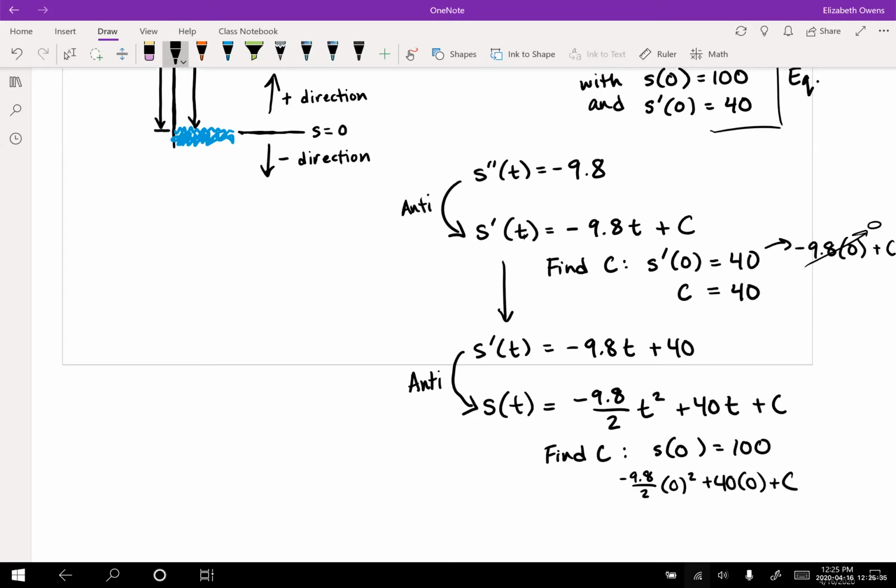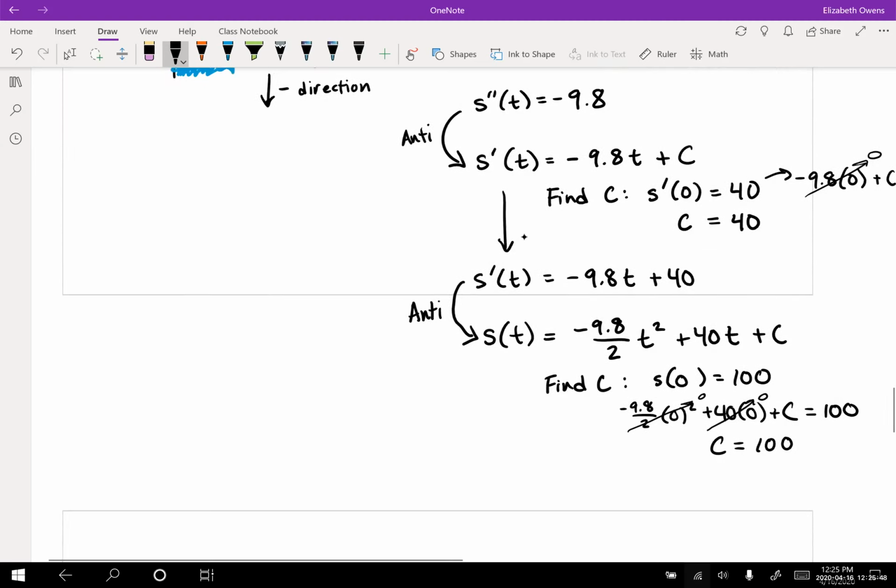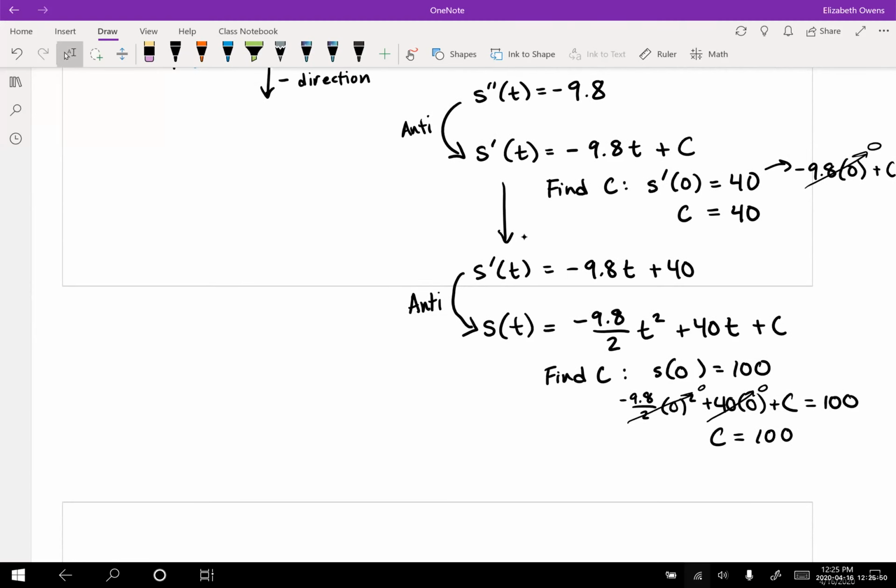That part's not very exciting. Okay, so here's s of 0 on one side, a lot of the terms 0 out there, and we end up getting c equals 100. Okay, and so that will give us our answer here.